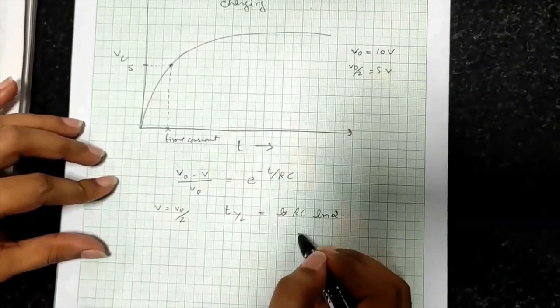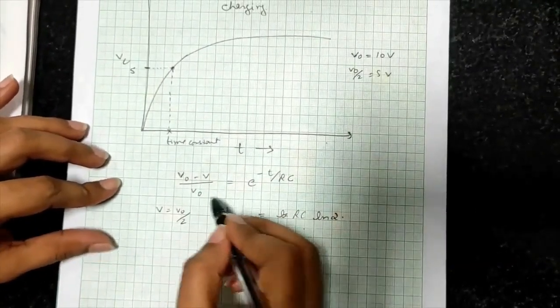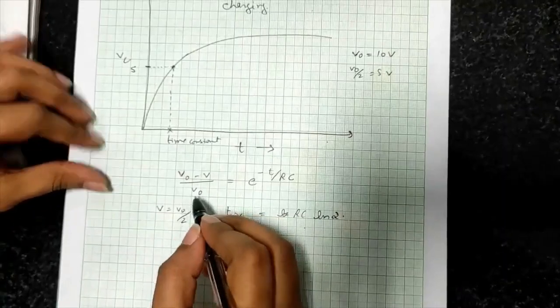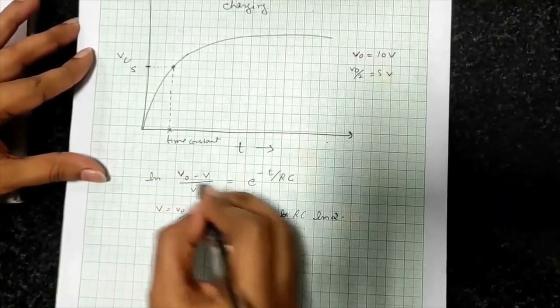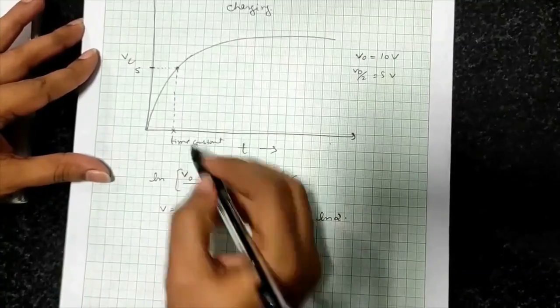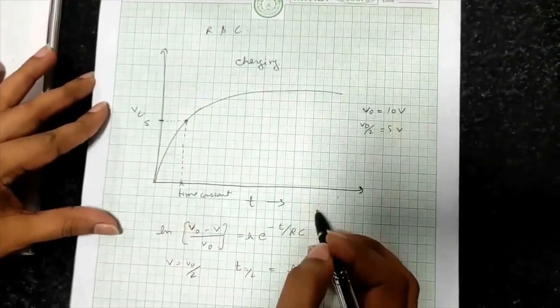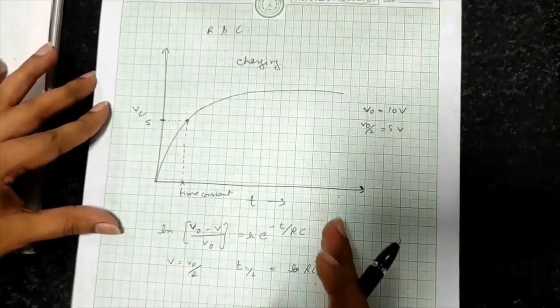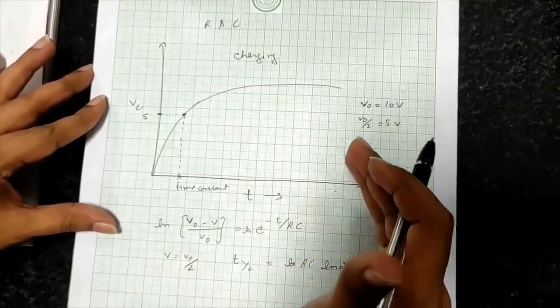And you can compare the theoretical value with the experimental value. There's another way to do this: take the log on both sides, and draw this log term along the y-axis and this term along the x-axis, and you can repeat this process again and verify the theoretical and experimental value.